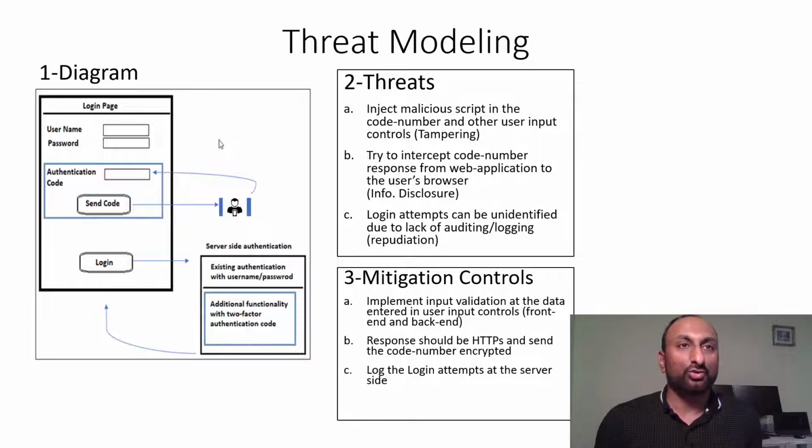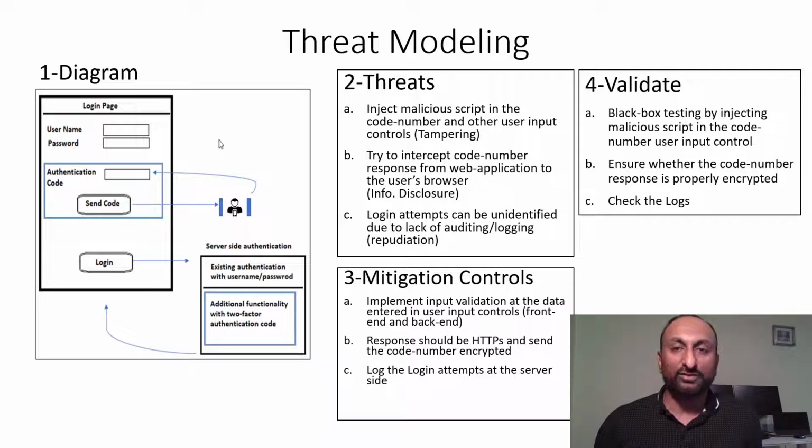Another mitigation control is that whenever a response is sent from the server to the user's mobile phone, it should always be encrypted. Another mitigation control is to log all the login attempts at the server side.